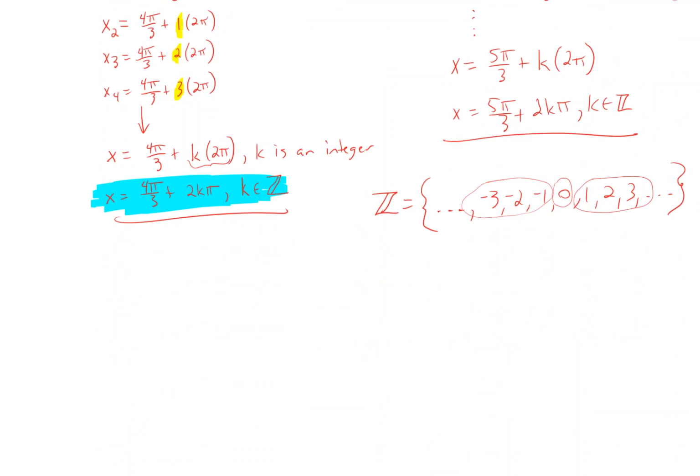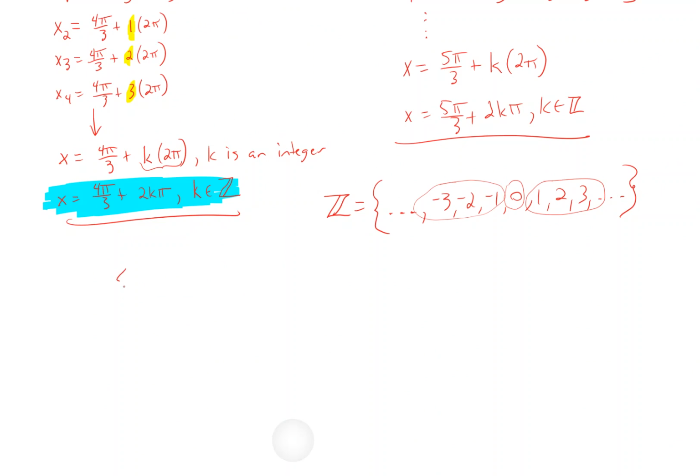So the solution to this equation, there's an infinite number of those, is that x could be 4 pi over 3 plus 2k pi, or x could be 5 pi over 3 plus 2k pi, where k is an integer.